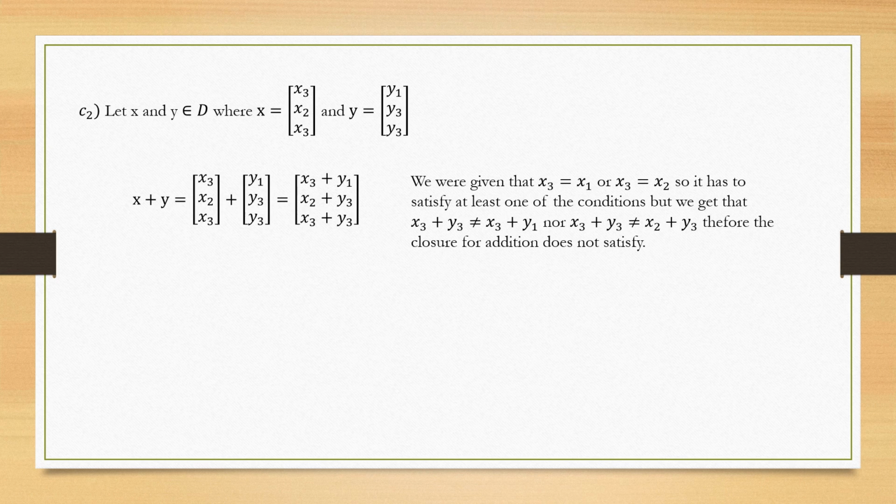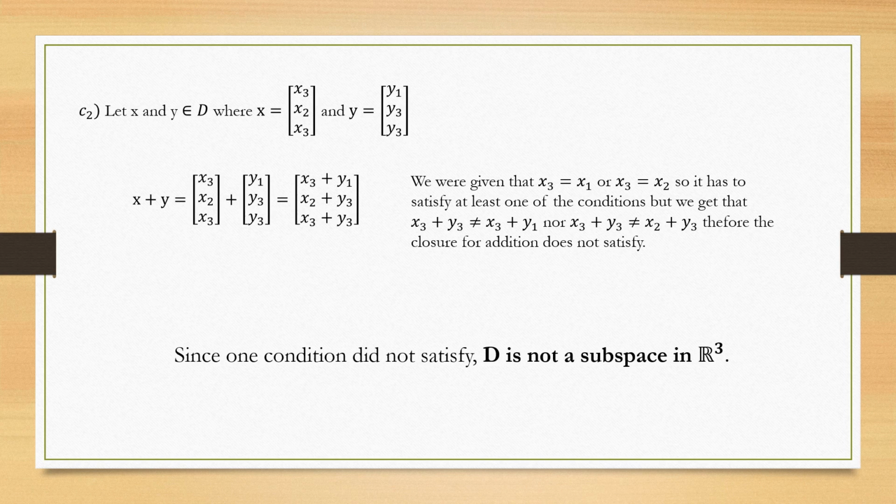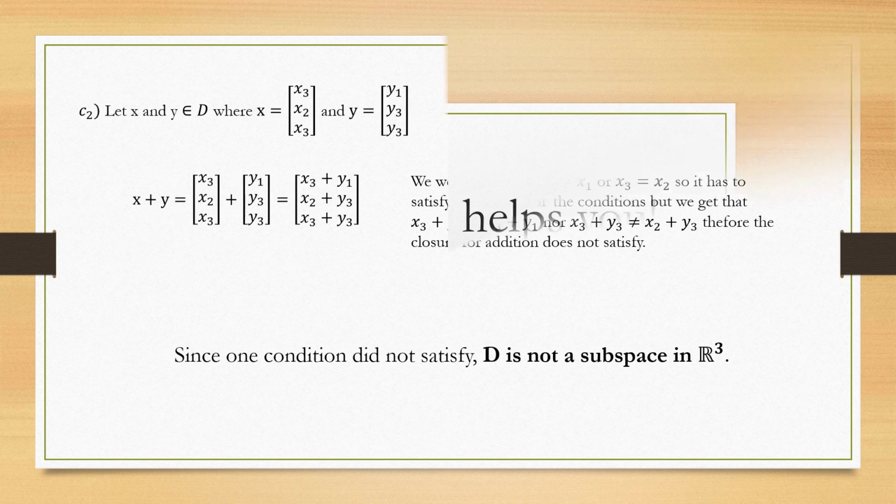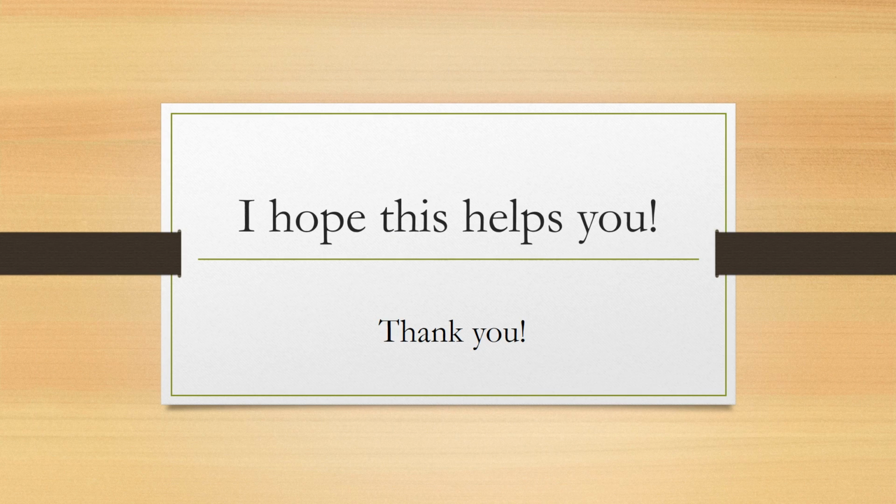We were given that x3 equals x1 or x3 equals x2, so it has to satisfy at least one of the conditions. So we get that x3 plus y3 does not equal x3 plus y1, nor does x3 plus y3 equal x2 plus y3. Therefore, the closure for addition does not satisfy. Since one condition did not satisfy, D is not a subspace in R3. I hope this helps you. Thank you.